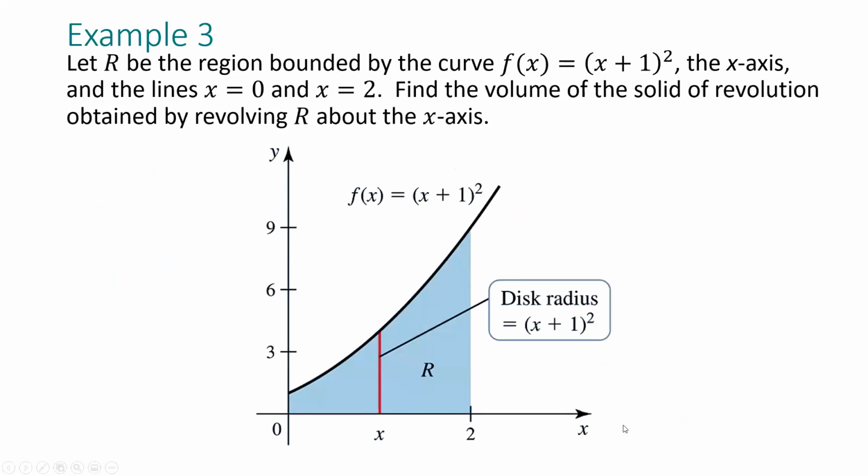And yeah, here's again the picture. You've got the region R, and the radius of our disk would be represented by that little line segment that we draw there. By the way, I tend to like to draw the little line here.